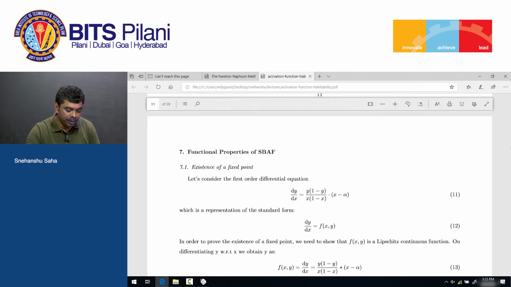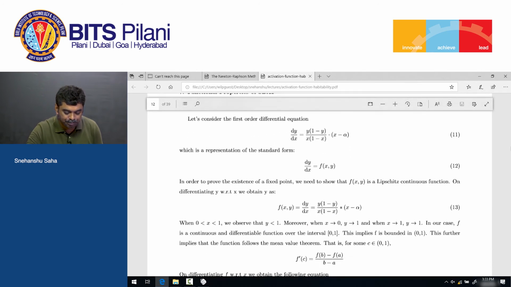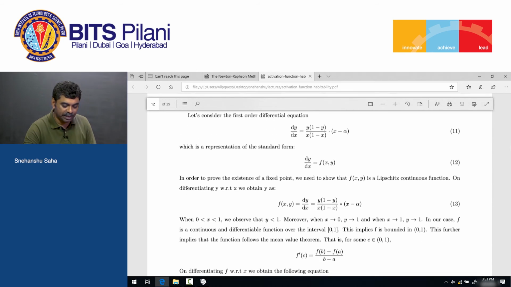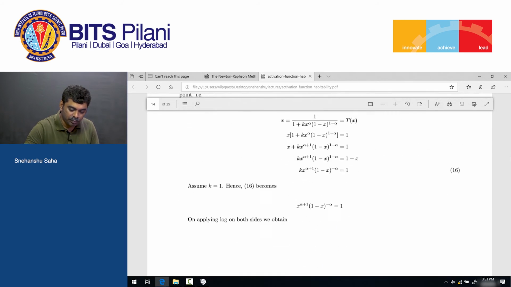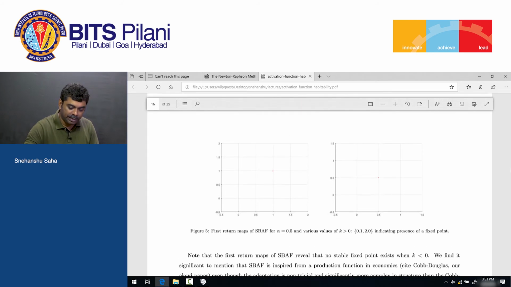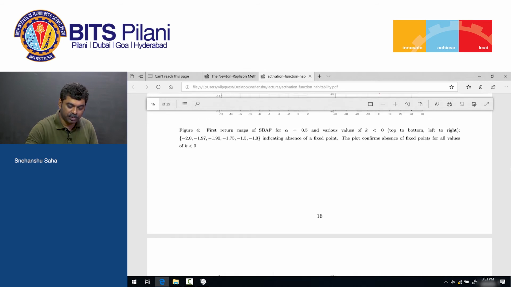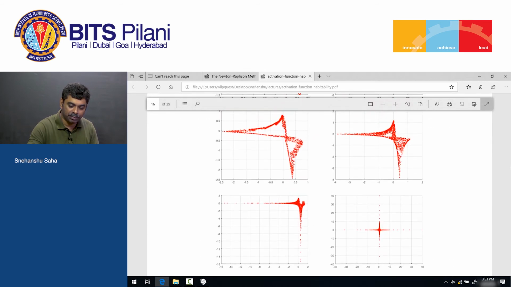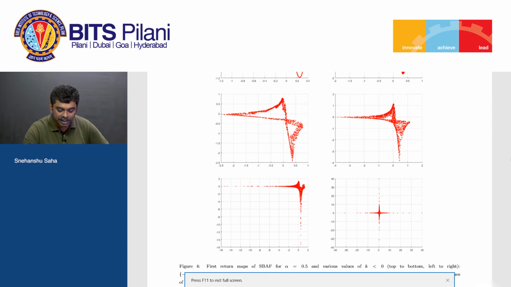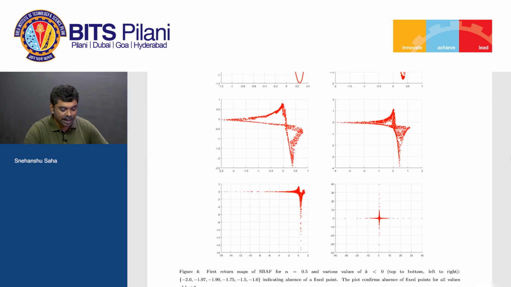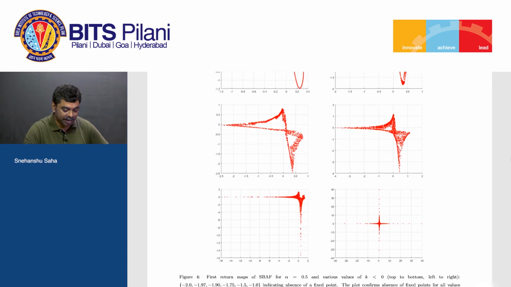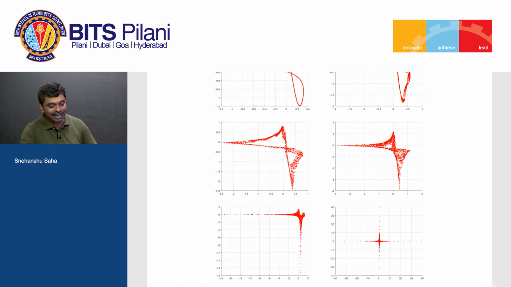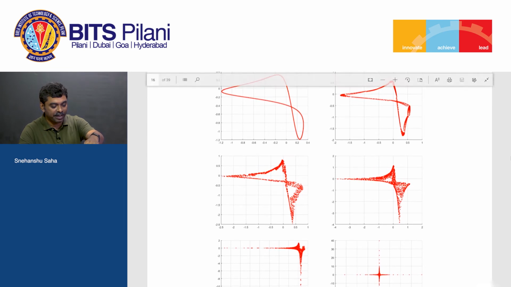So what I wanted to show you very quickly is this, because we were talking about how much time and effort we would have to spend in tuning. Actually nothing, because we have these parameters k and alpha, and these plots are known as fixed return maps.